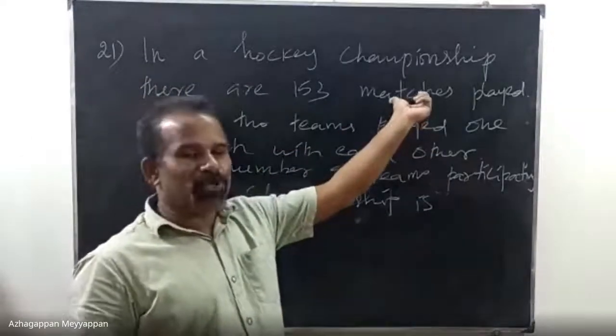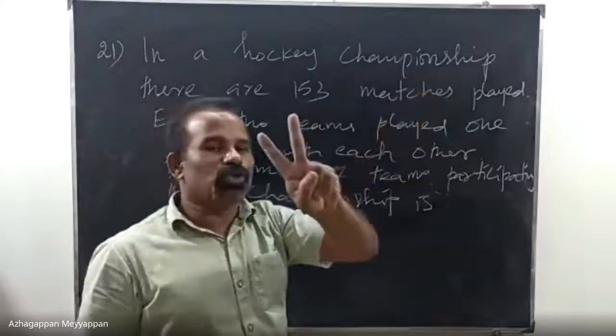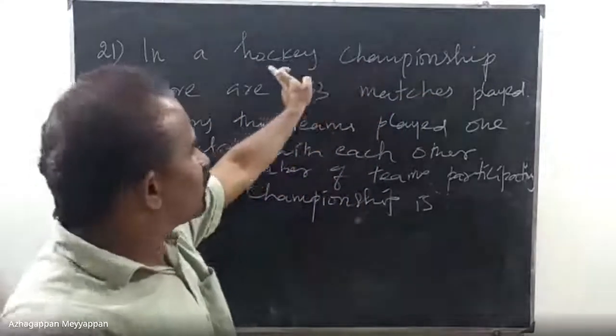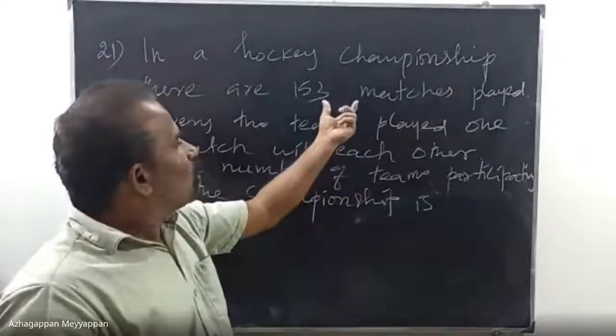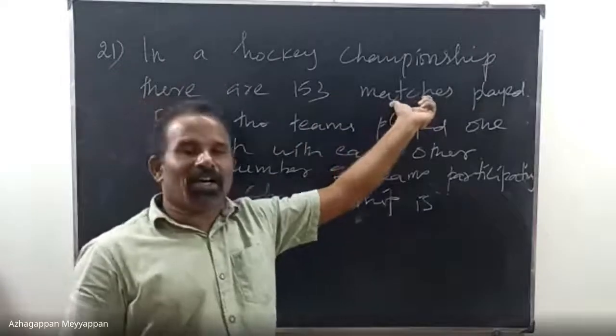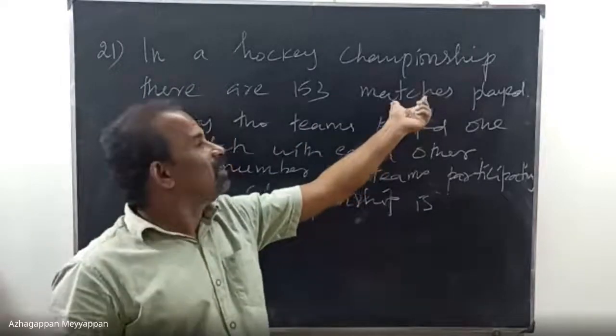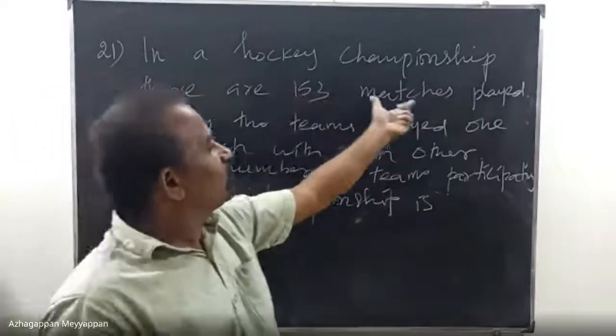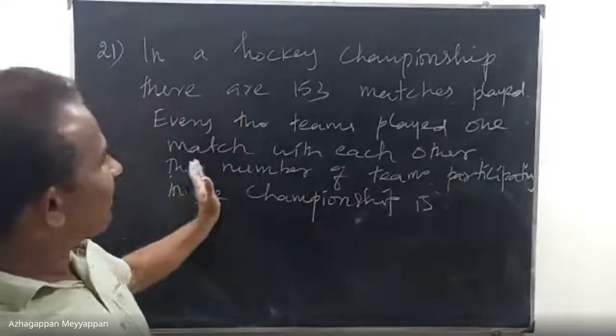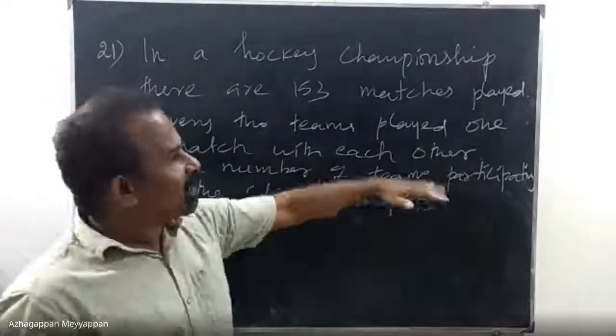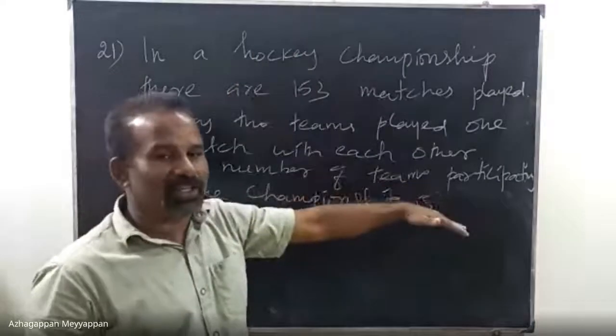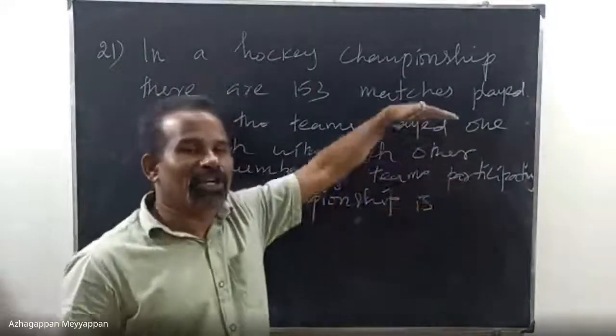To play each match, we require two teams. Because of hockey championship, one match requires two teams. So there are totally 153 matches. How many teams will be there? You have to compare this question with the handshake problem. Already we have done it, no?